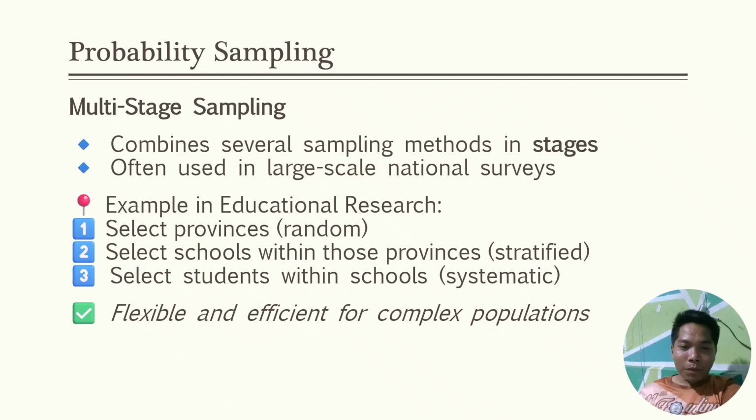Second, you select schools within this province, using stratified or cluster sampling, it's up to you. And third, you select students within the school using systematic sampling. So when you use random, stratified, and systematic all in one research, then you use multi-stage sampling.